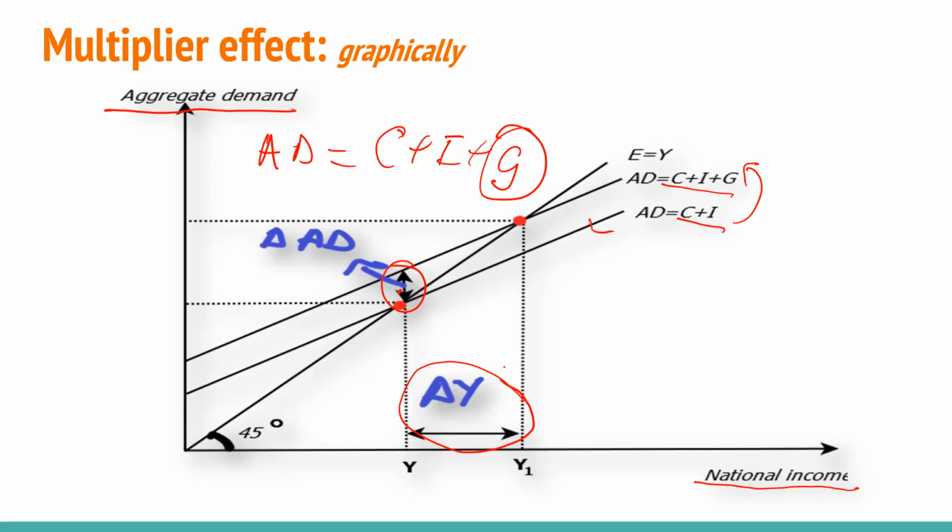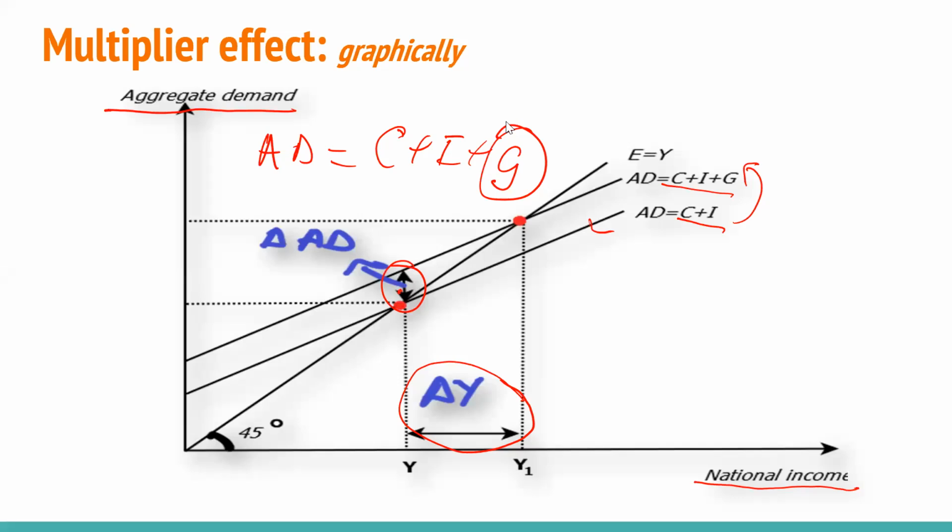It will be a bigger change, even just by visualizing it. And that's basically what we are talking about as the multiplier effect: a shilling invested, because government is a public investor, will normally impact national income more than proportionately.